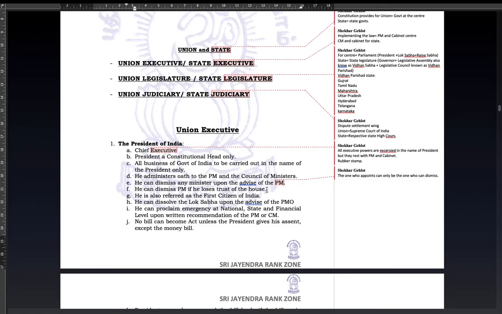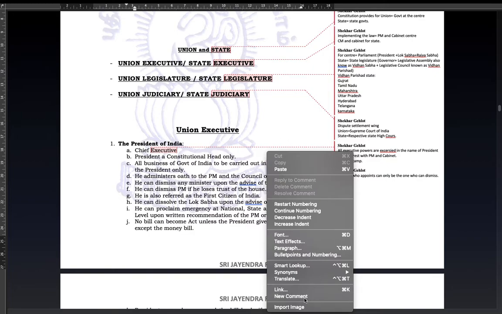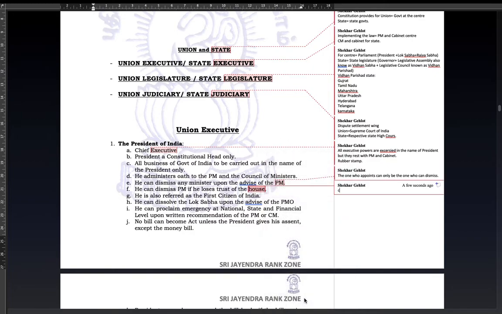Trust of what is a feature, a kind of constitutional safeguard.